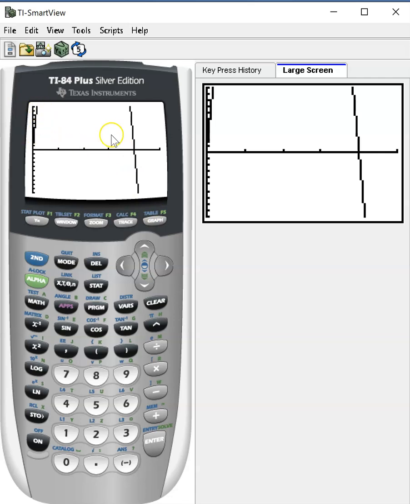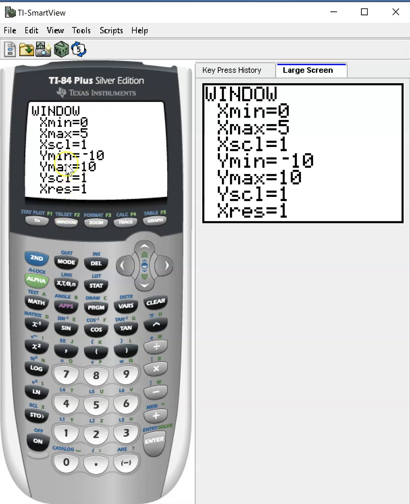So it's going up here and coming down here. But I want to see where it intersects with the line y equals 20. And I also want to see the top of my parabola. So when I go back to this window button, the y minimum can be 0, or we could leave it at negative 10.